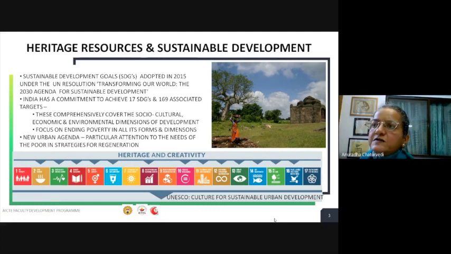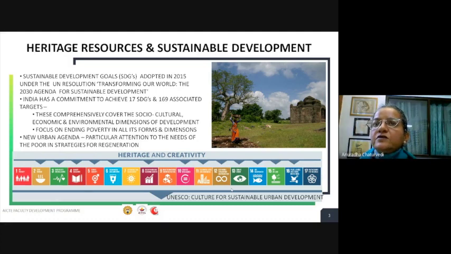One of the resources in our country, which very few other countries have, is that of the heritage resources. The heritage resources are a major asset of our country, and they can help in ensuring that the Sustainable Development Goals can be achieved by our country by 2030.